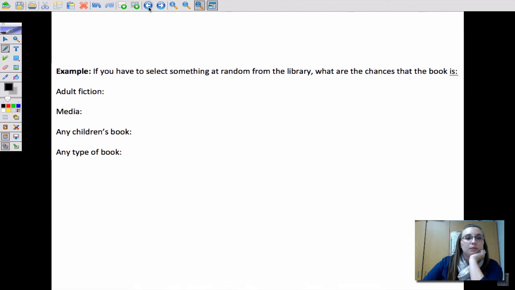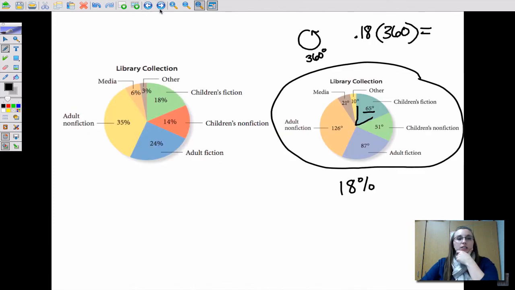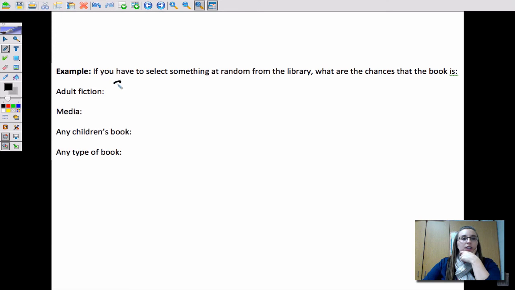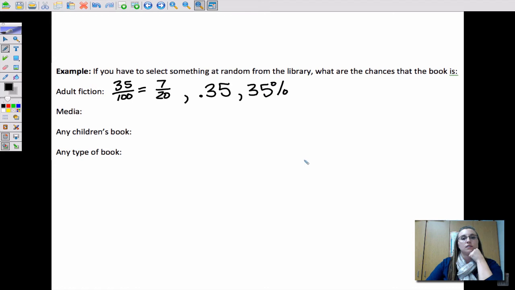So if I am looking at the whole, adult fiction is 35%, so your chances are 35 out of 100, which I can reduce to 7 out of 20 chances, or you could write it. Remember, back from the unit you did in 7th grade, you can use a fraction, you can use a decimal, or you can use a percent for each of these, okay?